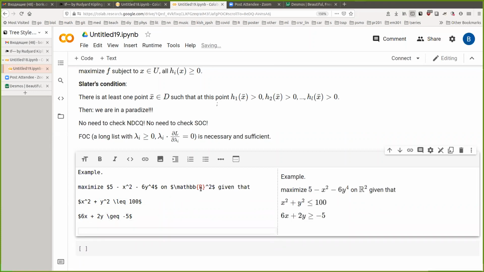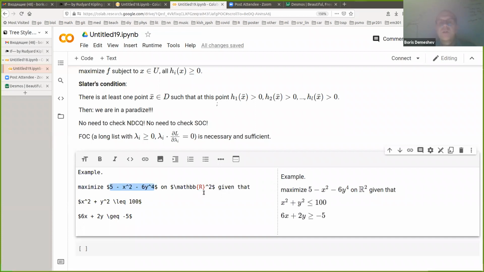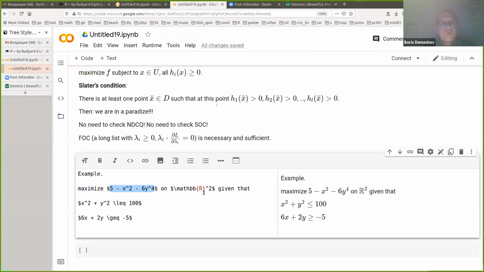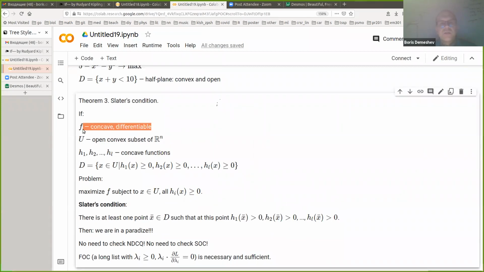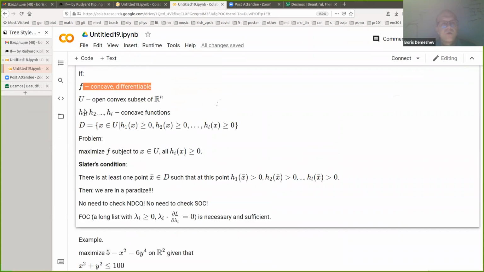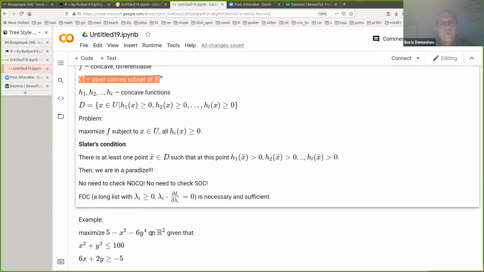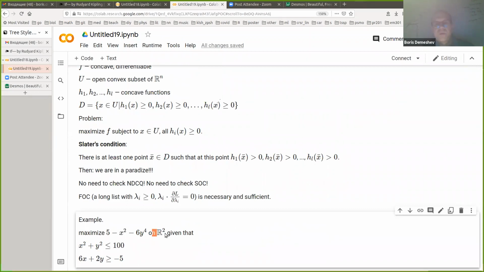Okay. So let's check whether Slater's condition, whether this theorem is applicable. First, is my function f concave? Yeah, both derivatives are negative, so it's concave. So the first condition that my function is concave and differentiable is satisfied. My U here is an open subset of Rn. So I work on R2. R2 is an open subset of R2, obviously.